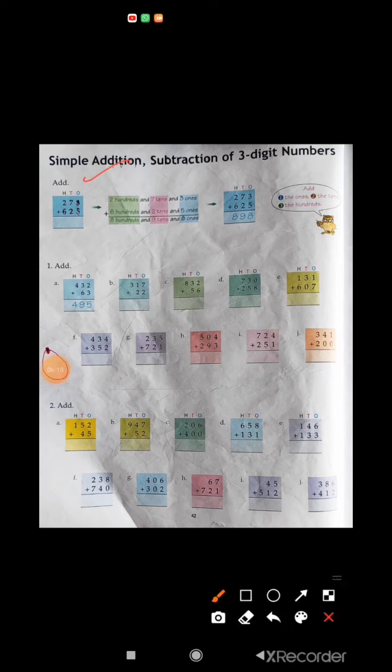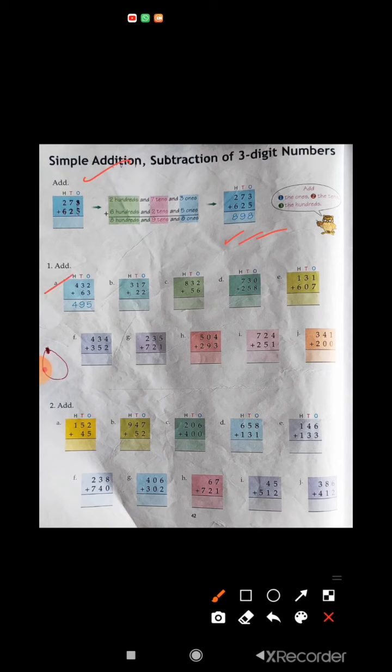The question is 273 plus 625. So how can you write? First you have to add the ones. 3 plus 5, 8. Now add the tens. 7 plus 2, 9. Add the hundreds. 2 plus 6, 8. The answer is 898. Like this we will do the exercise part.